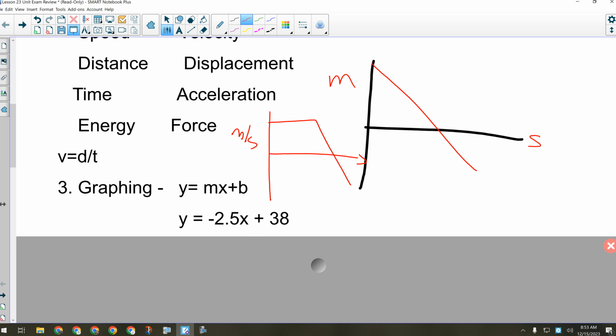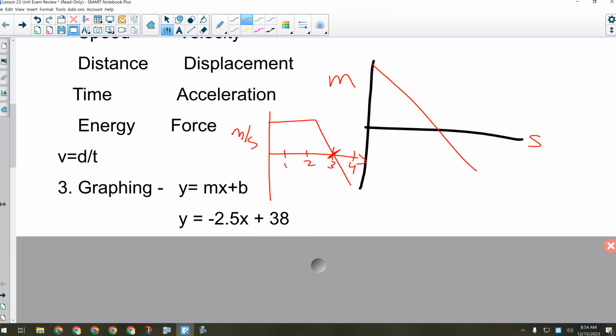All right. I could also give you a velocity versus time graph that looks like that. What's the object doing in the first part? Traveling at a constant velocity. What's it doing in the second part? Accelerating in a negative direction. At what time does the object change direction? 2.5.